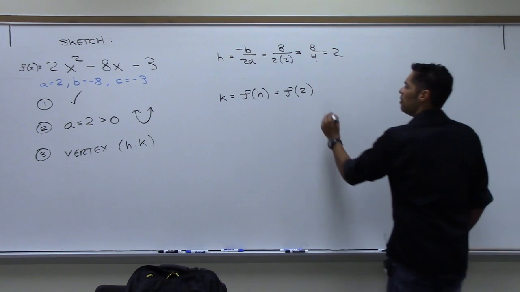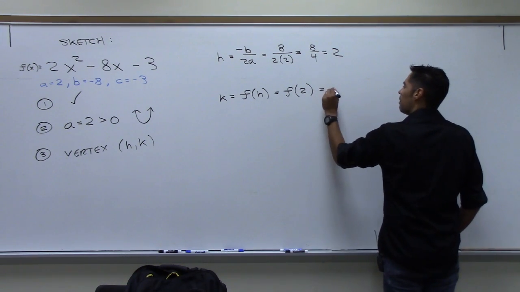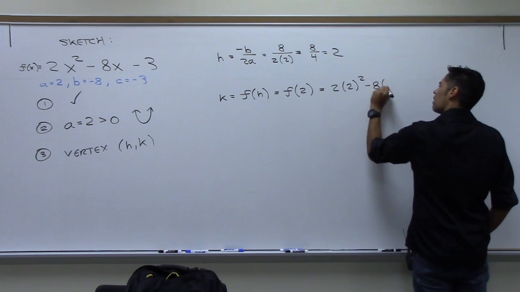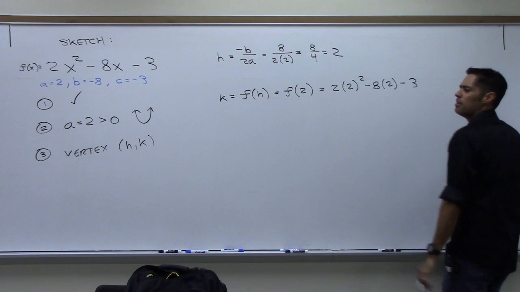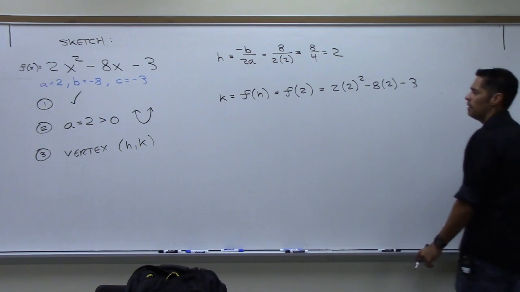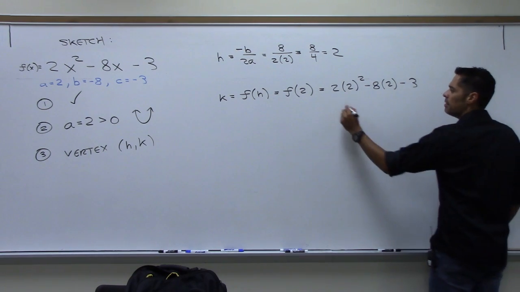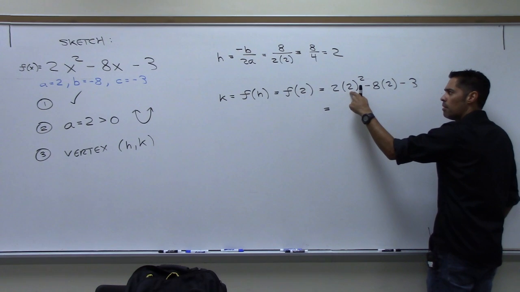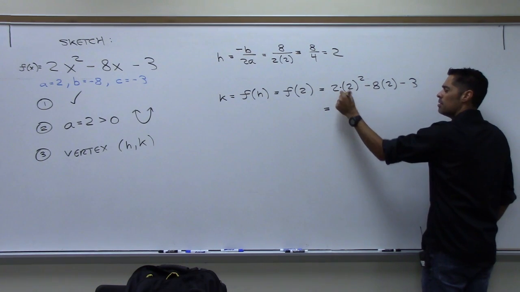All right, so let's plug 2 into the function. So I'm going to replace all my x's with 2's, right? There it is. And order of operations and all that, we've done this already. 2 squared goes first, and that's 4, then times 2. So that gives me 8.